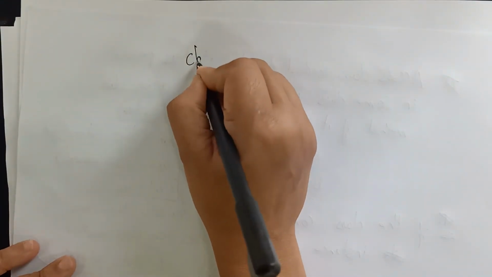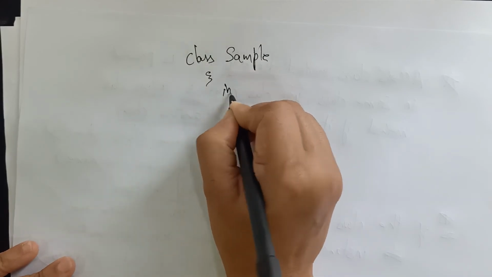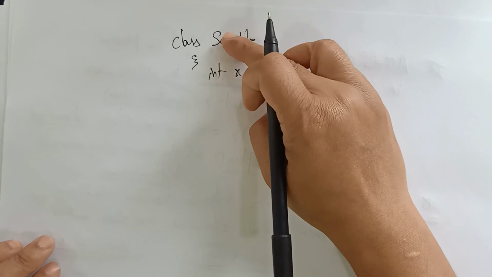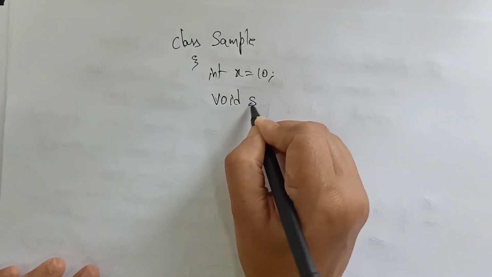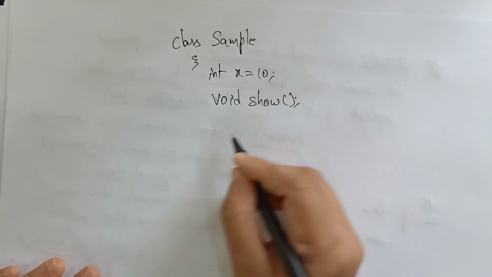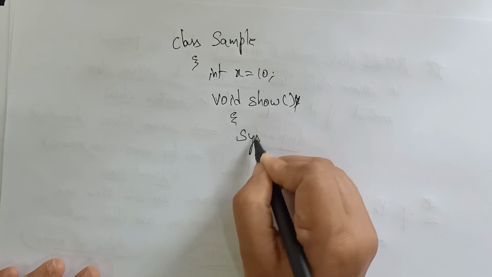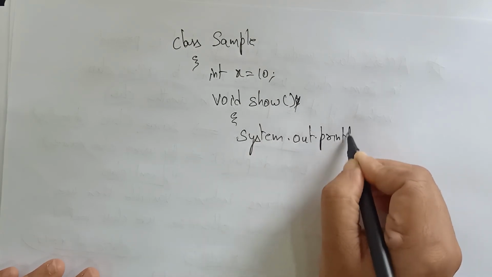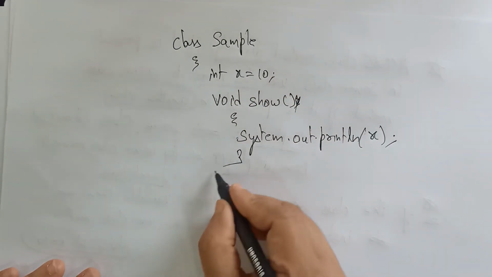What is this instance method? I'll just show you here. Suppose the class sample has int x is equal to 10. This is an instance variable. So a class contains an instance variable, then use the instance method. System dot out dot println, you are printing this x value.